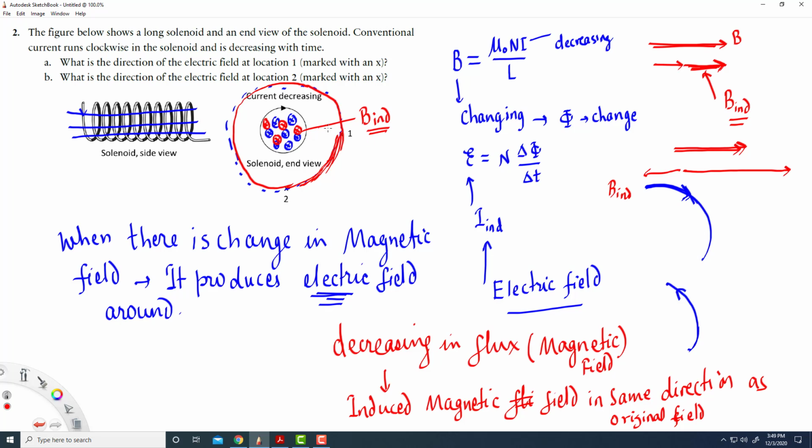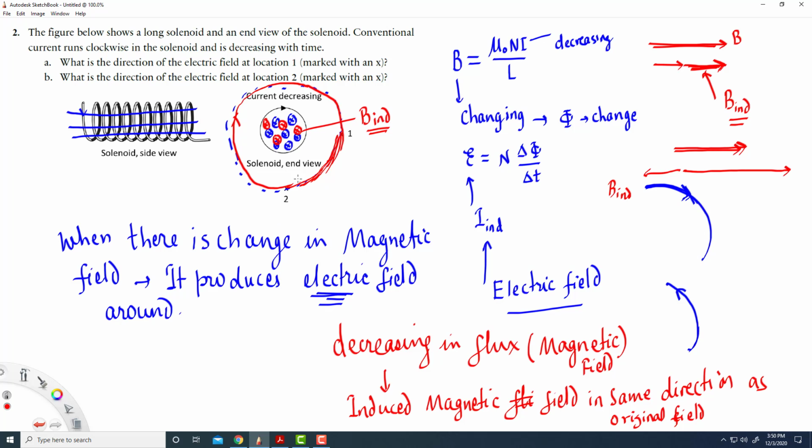Okay. So find the induced current by using the right hand rule. Point your fingers towards this induced magnetic field, and then wrap your hand around the wire, or imagine that you're holding this red loop. So when you do that, your thumb would be pointing in clockwise direction, okay, in this direction.